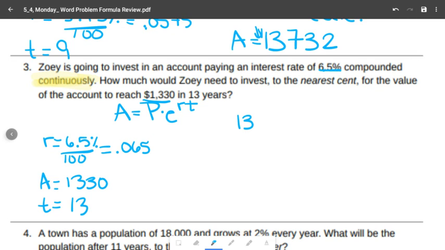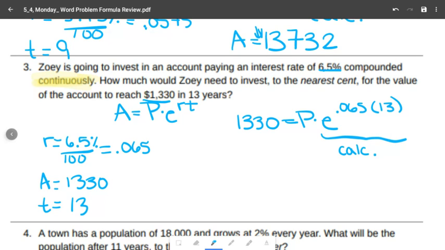So plugging in this information, E, remember, is a number. It's a button on the calculator that we're going to use. It's a number just like pi. So we're going to take the E with the exponent and plug it straight into our calculator.